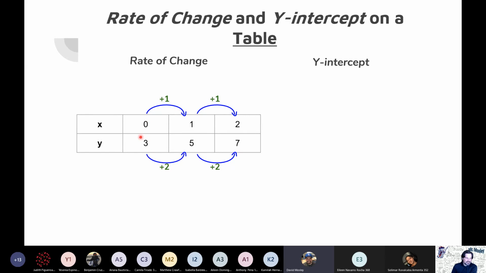So on this table, we go +1 in x, we have a +2 in y, +1 in x, +2 in y. So our rate of change is 2. The rate of change is 2.